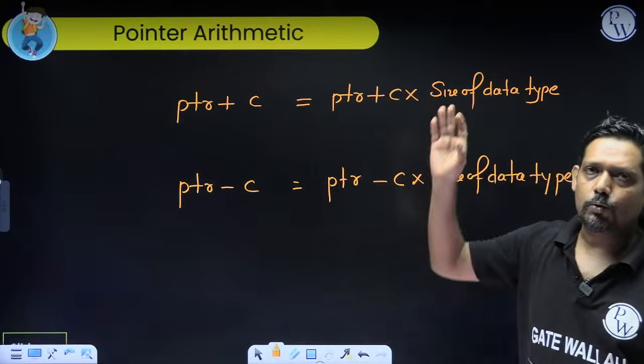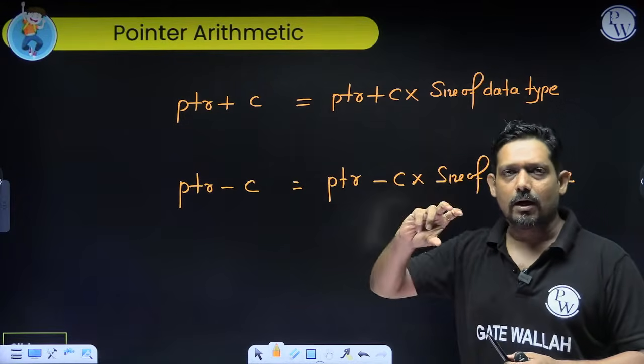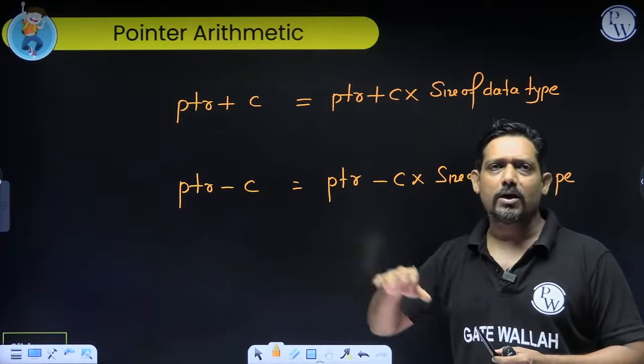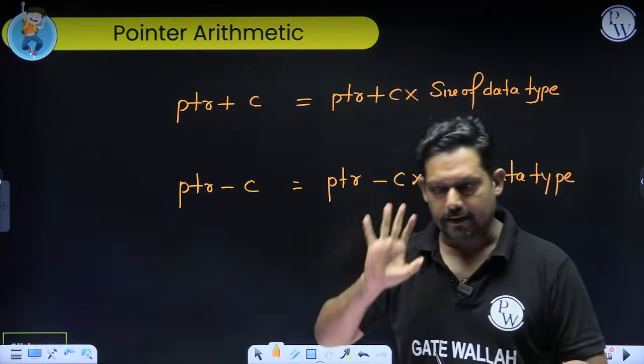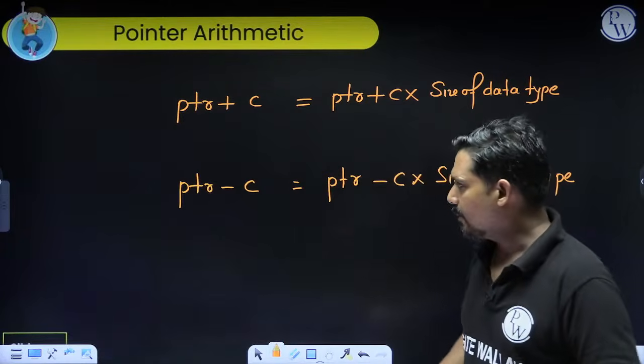Whenever we do addition and subtraction, the addition will be not only of the constant but of the size of the data type. Why does this happen?